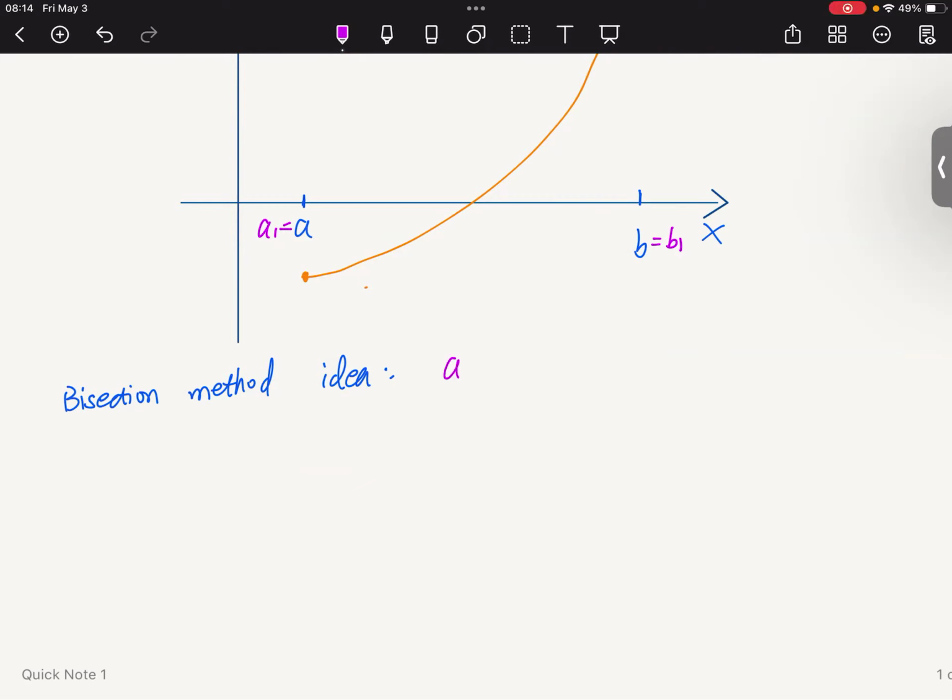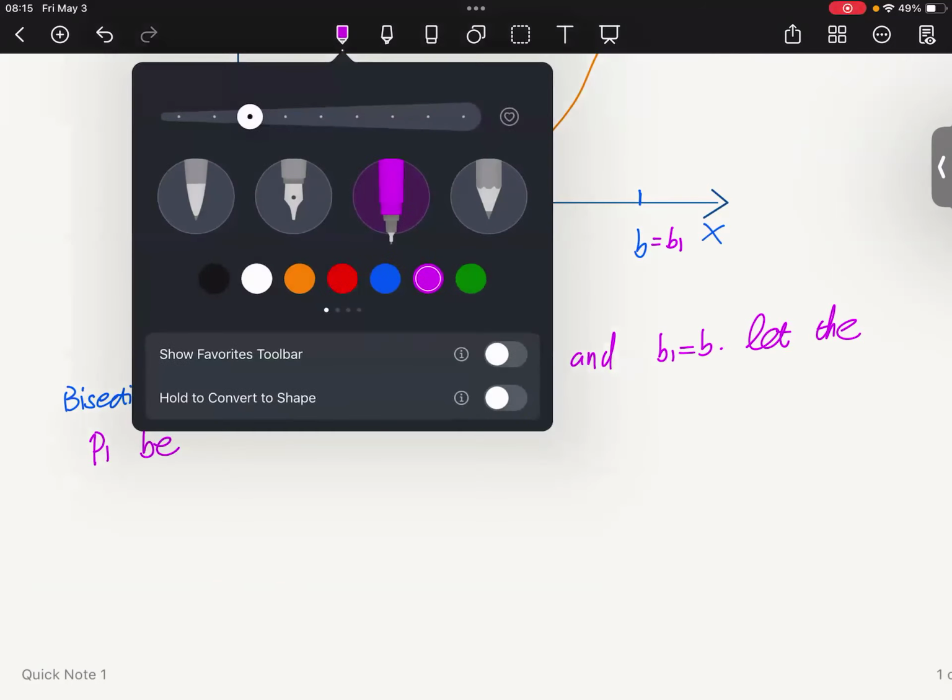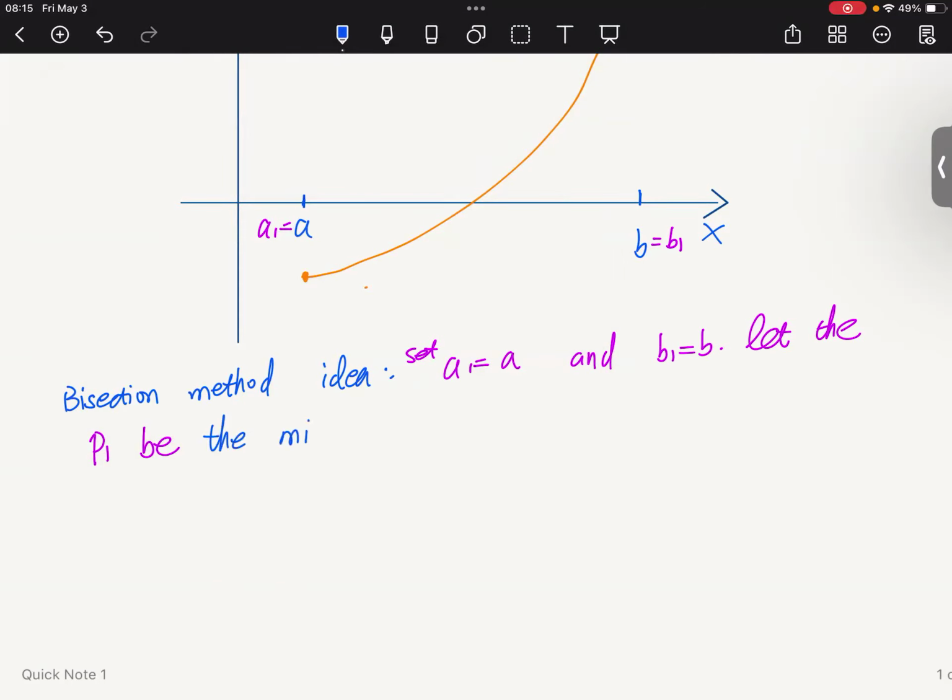Set the A1 equal to A, and set the B1 to B, and now let the P1 here be the middle point of the A and B, which means that the P1 here is just the A1 plus the B1 and then divided by 2.